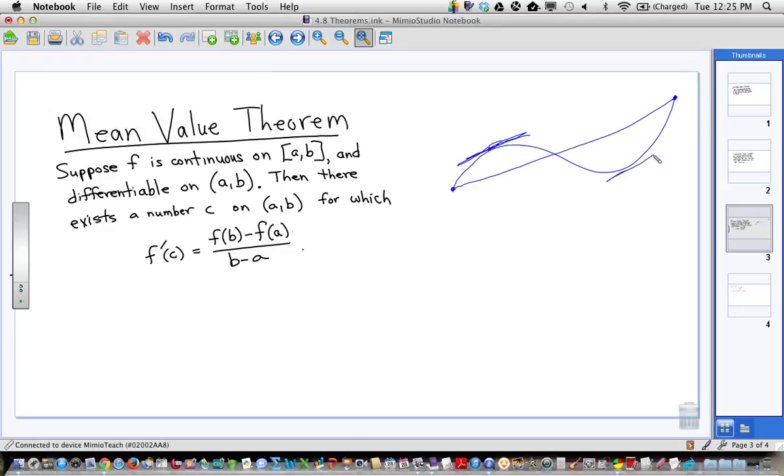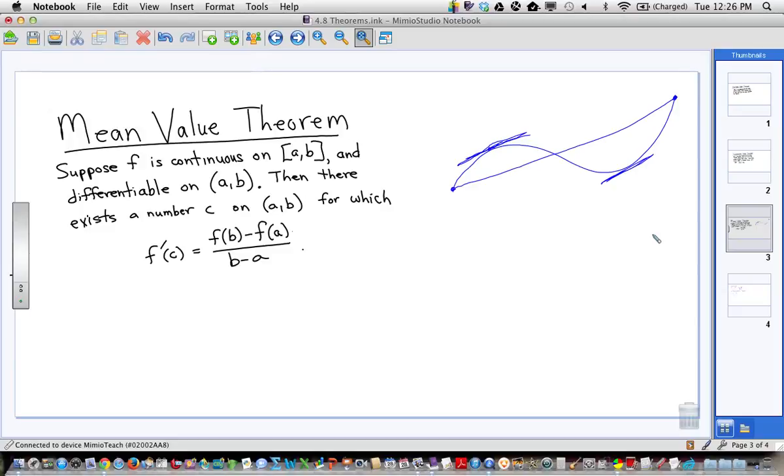Or in this example, there would probably be a couple of places that would have that same exact slope. The importance of this theorem is that it connects f and f prime. We gave an example yesterday where we could use that idea, but that's what the mean value theorem says. So be able to state those, and then be able to answer some questions about them.